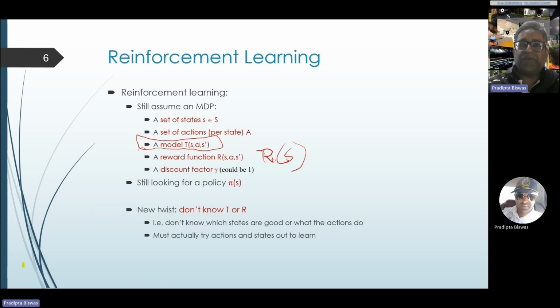And in many reinforcement learning algorithms, especially the model-based algorithms, you will see the whole algorithm is centered around learning this model. And once I learn this model, then I will go to value or policy iteration algorithm to find the best policy. And of course, the output of reinforcement learning will be finding the policy, so that if I am in a state, or say you are in a particular place in Bangalore city, you know what to do to reach IISc, something like that.